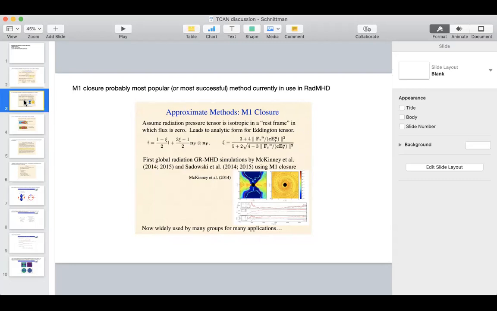And so its evaluation as a useful method or not has a lot to do with how important those regions are. If you care about outflows of modest optical depth, then you worry about it. If you're looking at situations where the photons are all buried, then diffusion is wonderful.